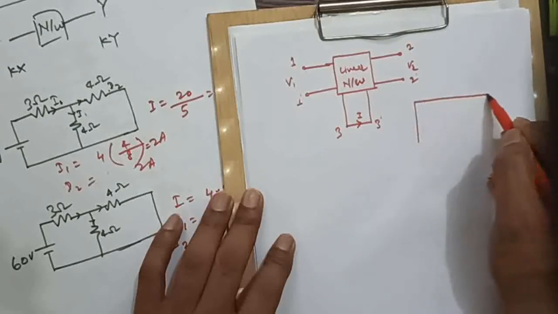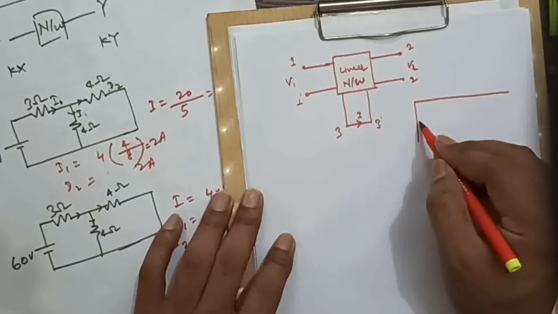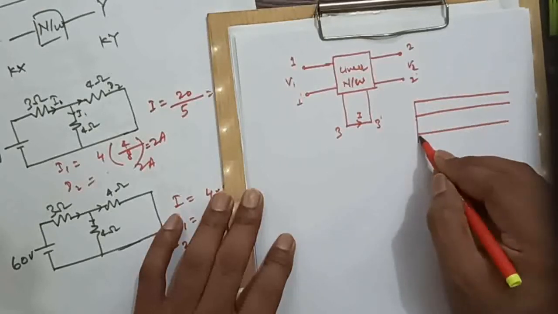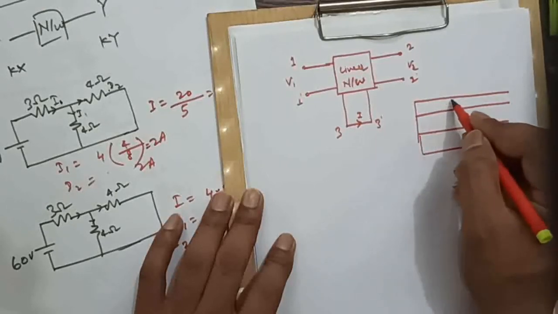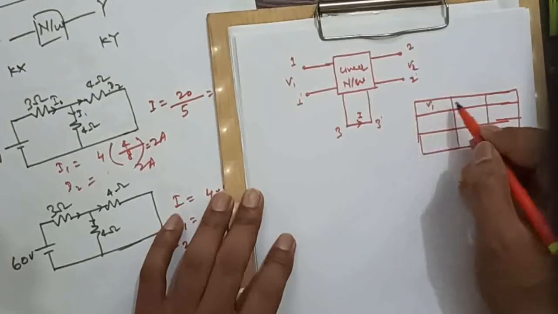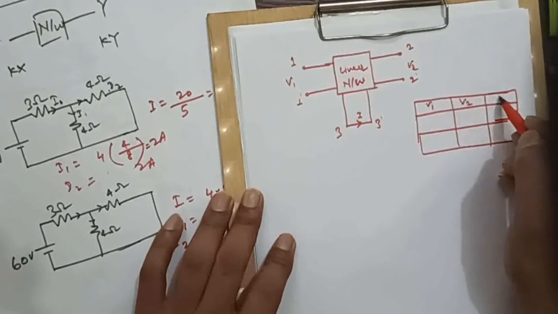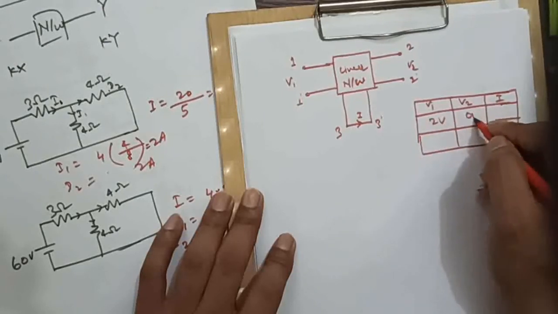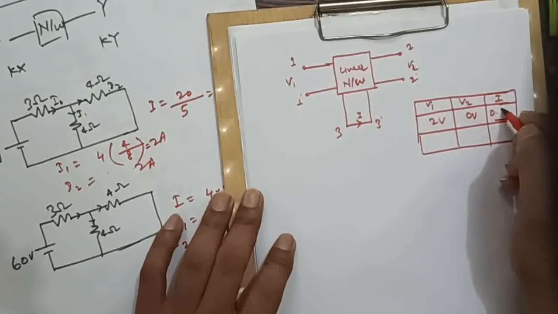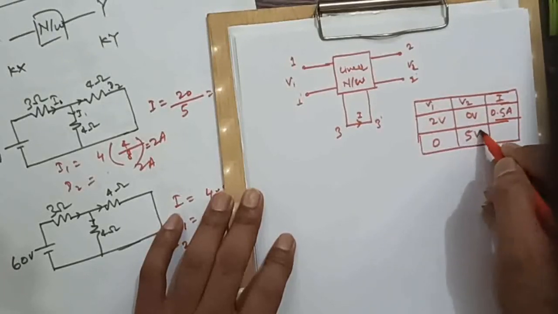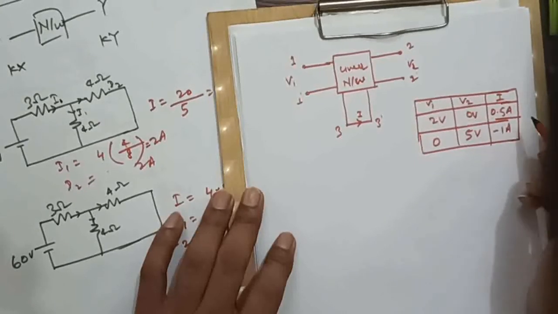A table has been given. This is V1, this is V2, this is I: 2 volts, 0 volts and 0.5 amperes; 0 volts, 5 volts, minus 1 ampere.